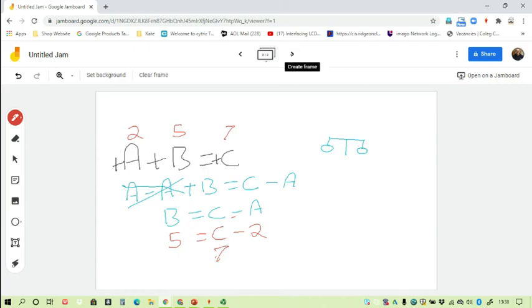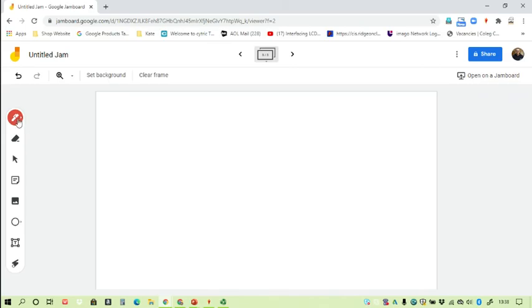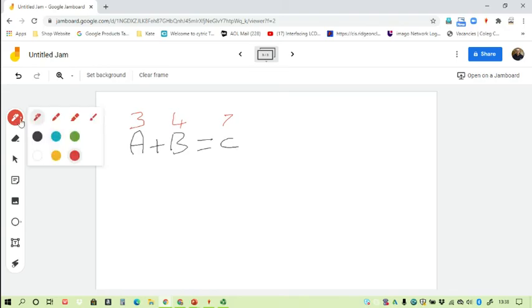So let's have a look at the same formula again, but this time I'm going to find A. So A plus B equals C. And I'm going to pick a completely different set of numbers. So I'm going to say 3 plus 4 equals 7 again. Okay? So this time I'm going to transpose my formula, and this time I'm going to find A. Now remember, B is definitely a plus because it says so.